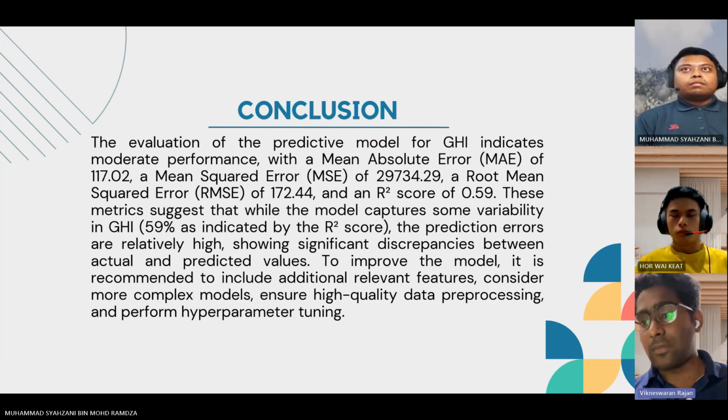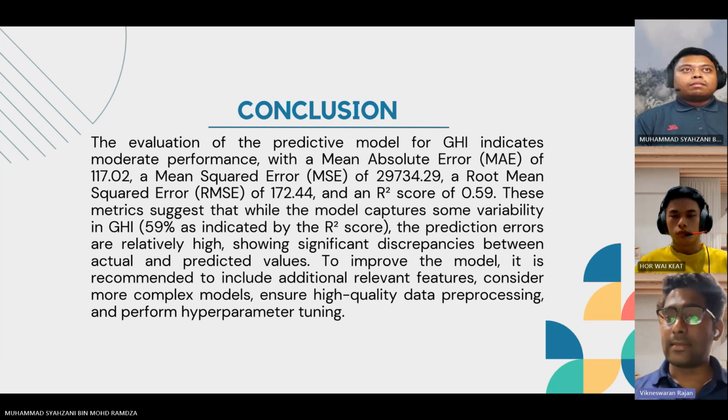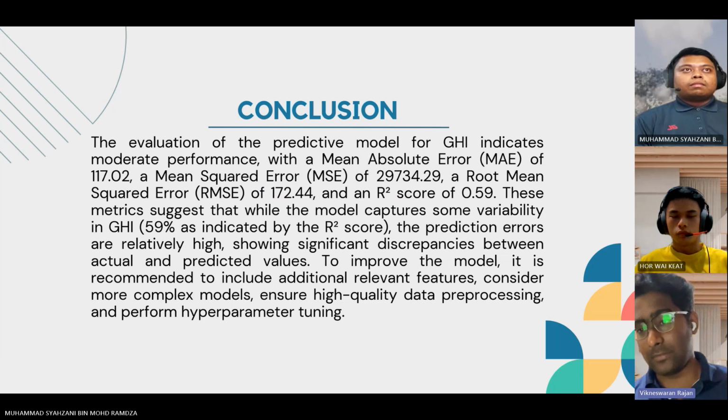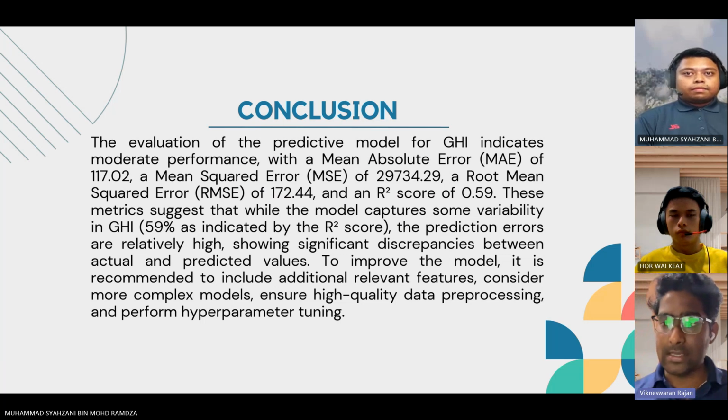In order to improve the model, our team recommends exploring additional relevant features, considering more complex models, ensuring high quality data pre-processing, and performing hyperparameter tuning. By addressing all these areas, we could potentially enhance the model accuracy and reliability in predicting the global horizontal irradiance.